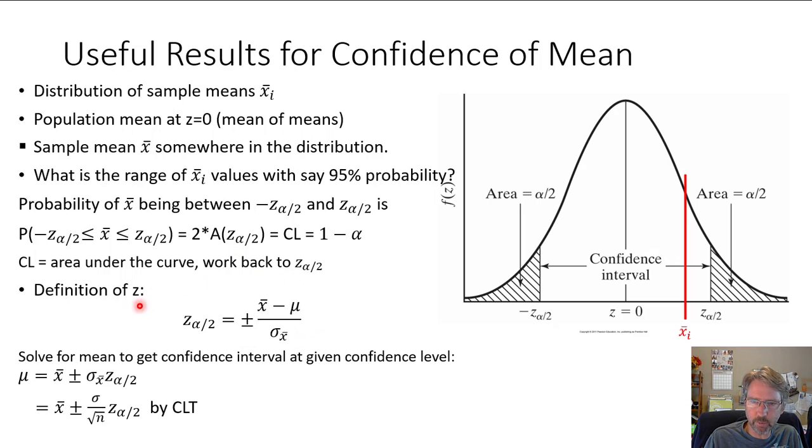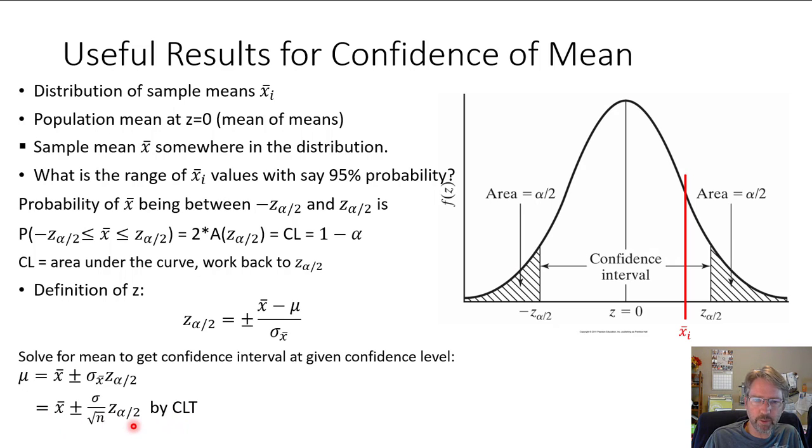So if we take this equation and solve for the thing that we want, the population mean, we get this equation here: x bar plus or minus sigma x bar times z. And then we use the central limit theorem to get rid of sigma x bar and write it in terms of the population standard deviation divided by the square root of n, central limit theorem.